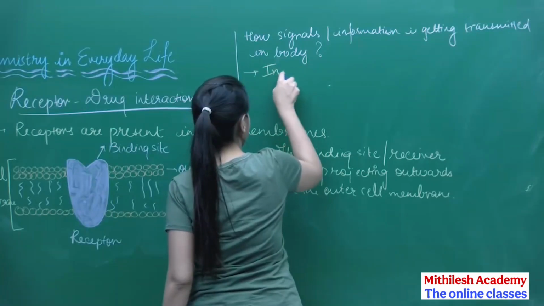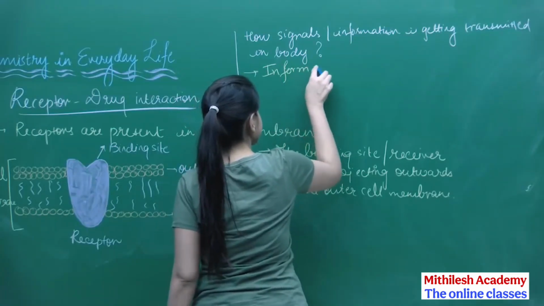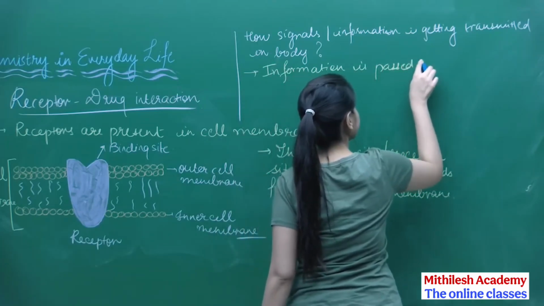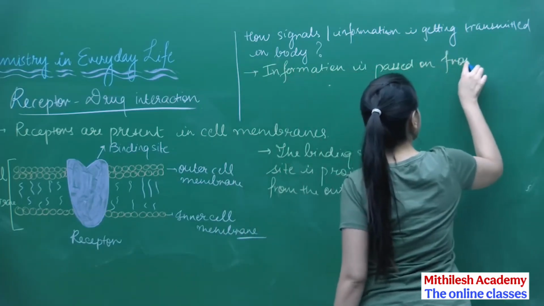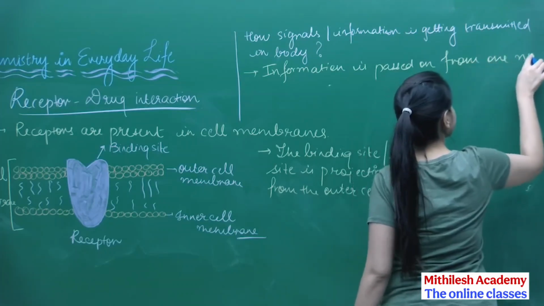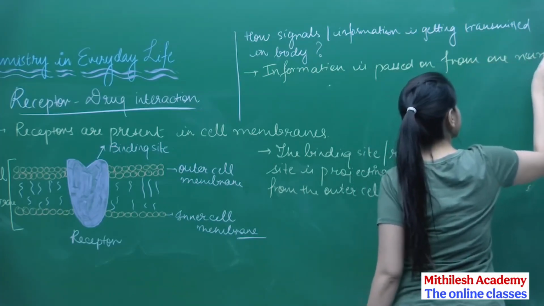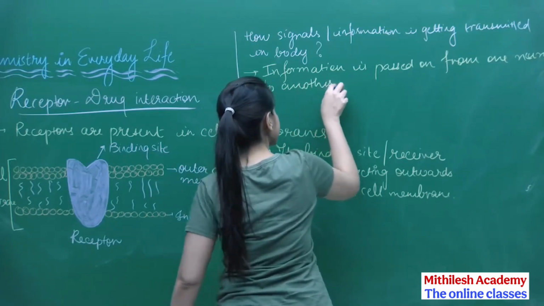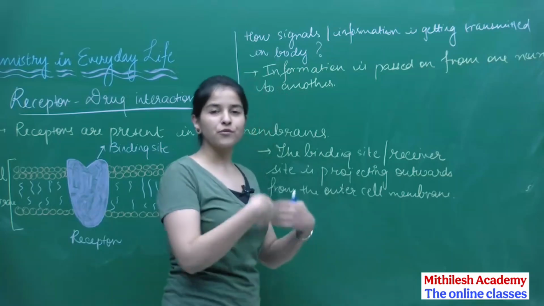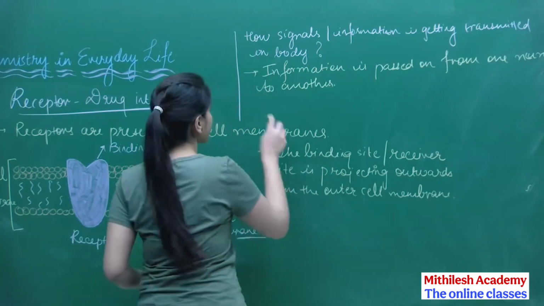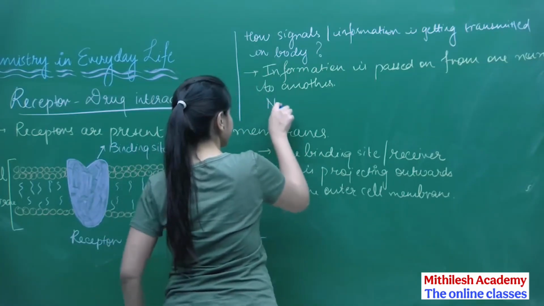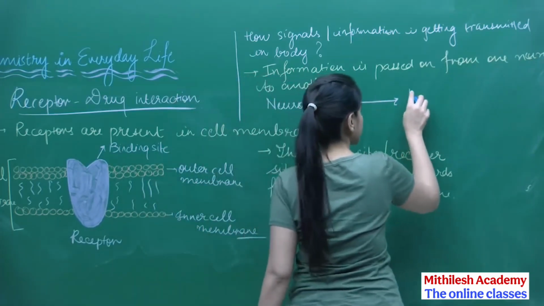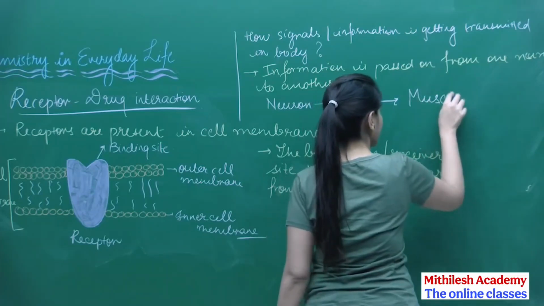So information is passed on from one neuron to another. Now the neuron will transmit the information to the cells. So let us just say the neuron is going to transmit it to the muscle cells, the information I am talking about.